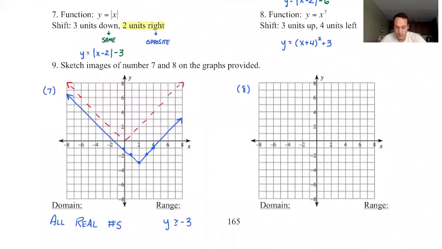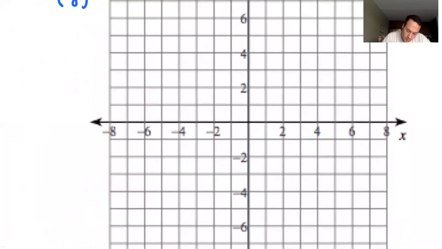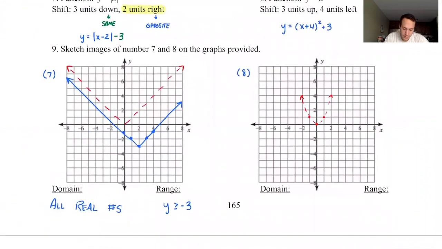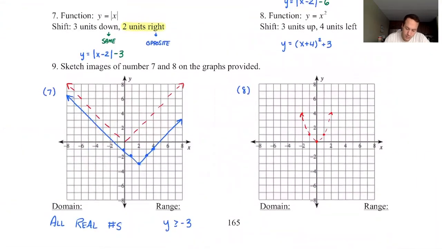Let's take x squared now. What does x squared look like? 0 squared, 1 squared, 2 squared. And that also looks the same over here. There we go. Okay. What did I do to this one? This one shifted 3 units up, 4 units left.